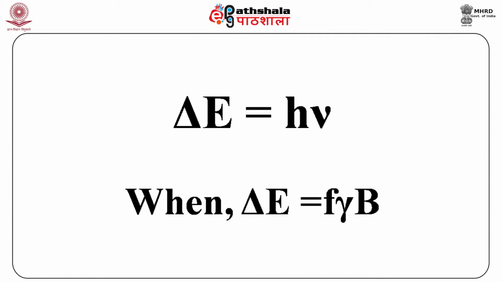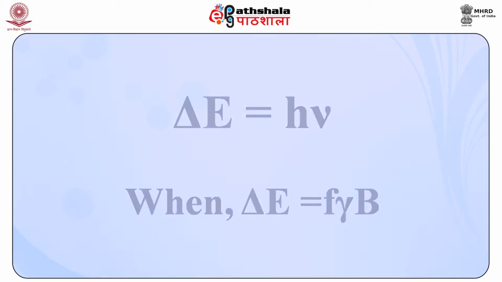The resonance condition delta E equal to h nu is satisfied when delta E is equal to h gamma B, where B is the value of the magnetic field at the hydrogen nucleus being observed.